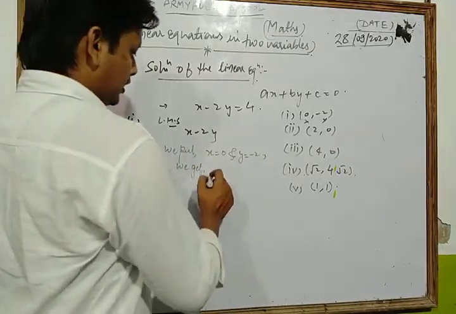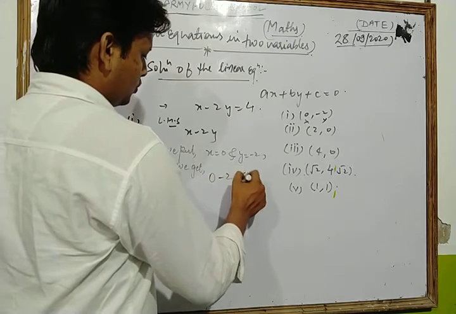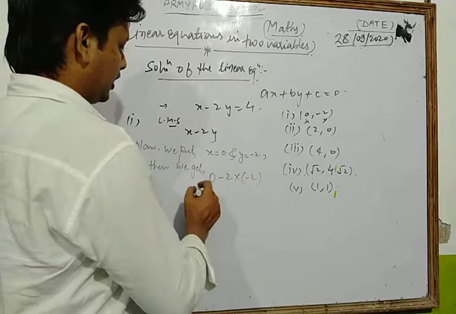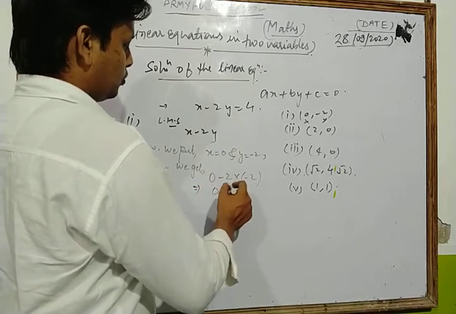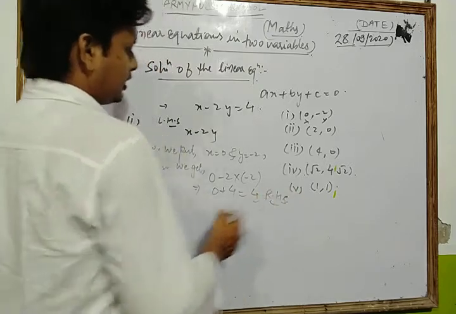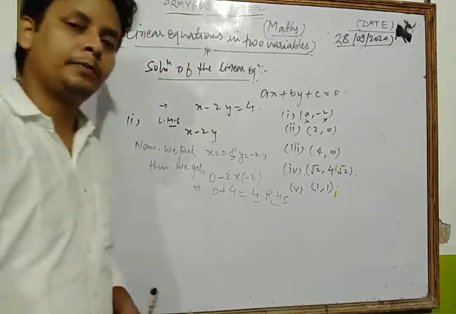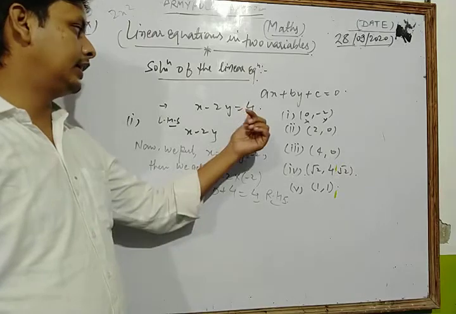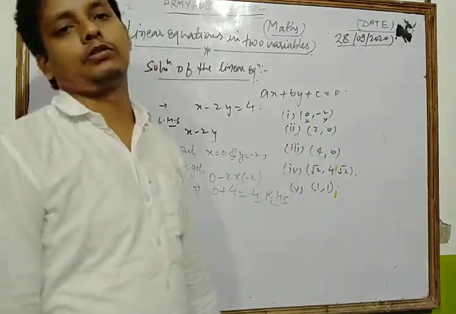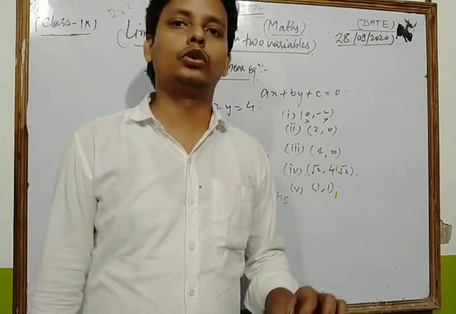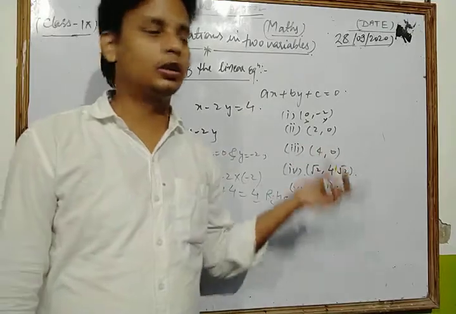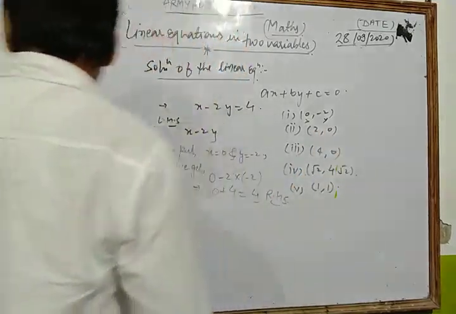So we get 0 minus 2 into minus 2, which is 0 minus minus 4, so we get plus 4, which is equal to the RHS. Thus, dear students, we can say that 0, minus 2 is a solution of the given equation. If any pair of values of x and y satisfies the given equation, it is known as its solution. Similarly we check the second part of this question.